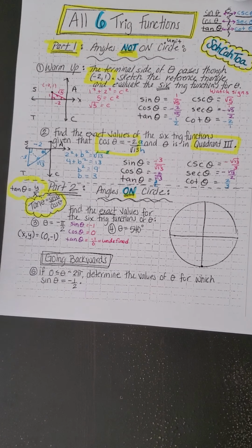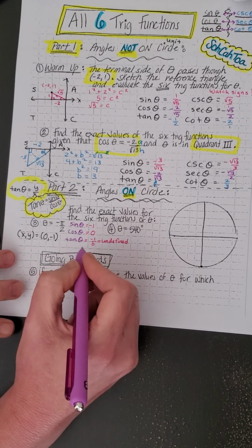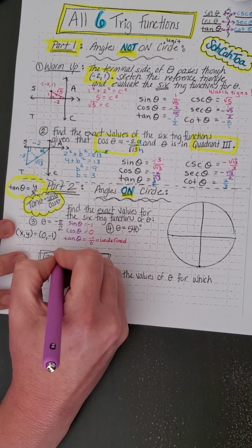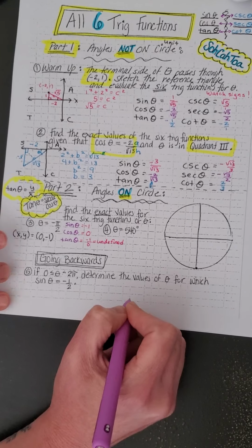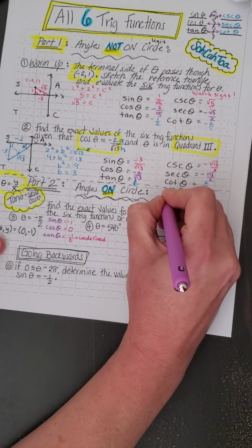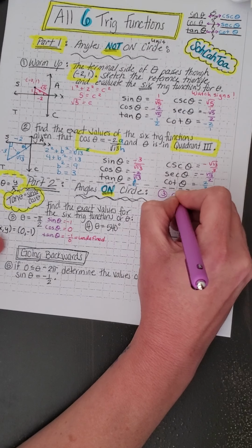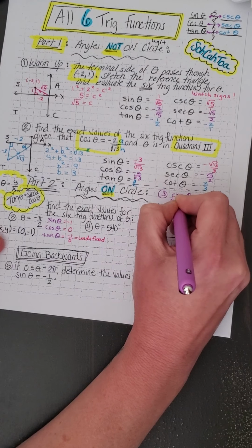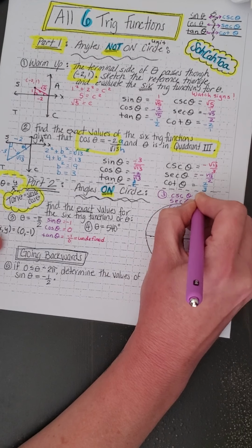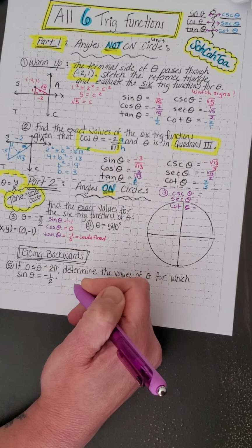All right, so now for cosecant, secant, and cotangent, I think I'll come over here. So this is number 3. It's cosecant theta, secant theta, and cotangent theta. It's just the reciprocal.